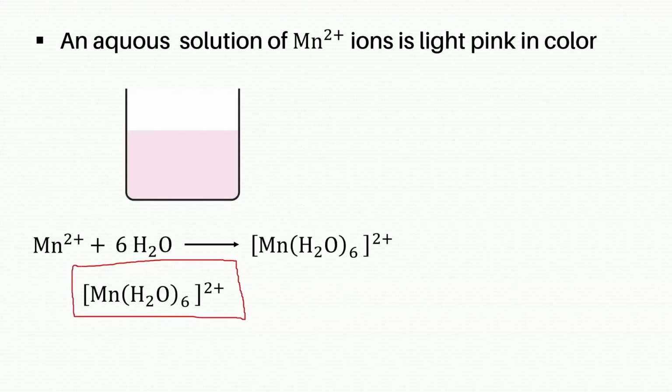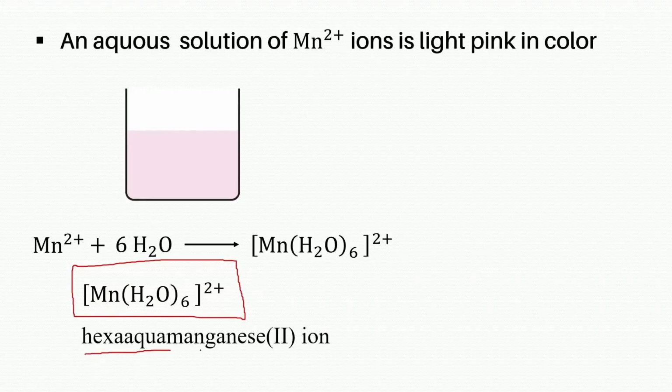This is the complex ion formed between Mn2+ ions and water molecules, hexaaquamanganese(II) ion. This light pink color is due to this complex ion, because the color of this complex ion is light pink.